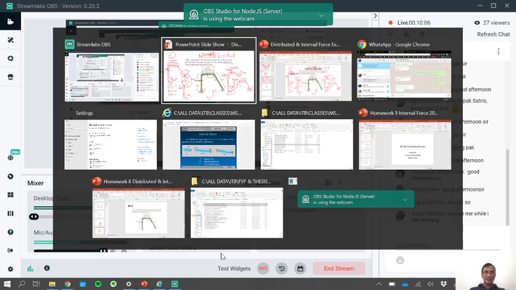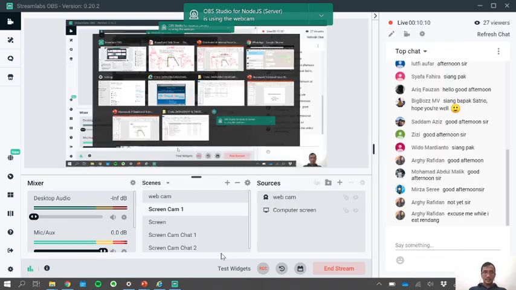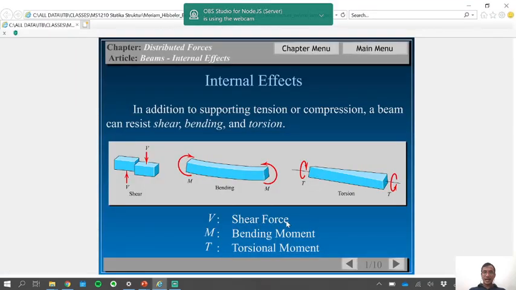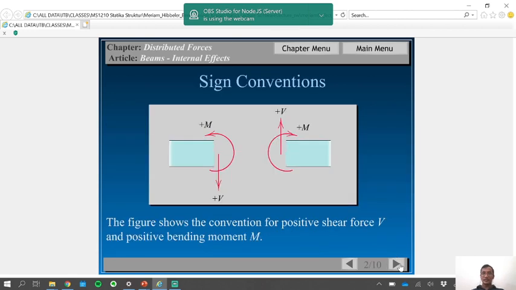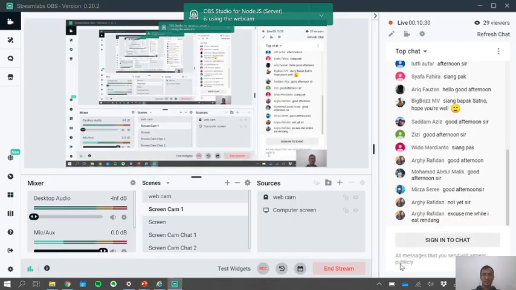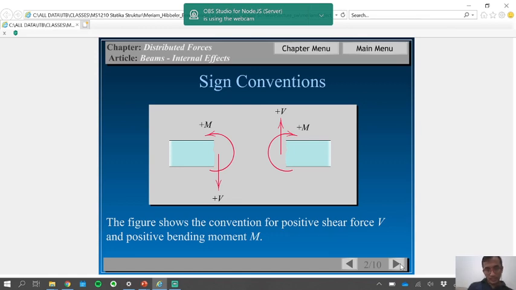It's up to you. Okay, now let's discuss how we can find the internal force and internal moment. As usual, I will remind you again about the sign convention.